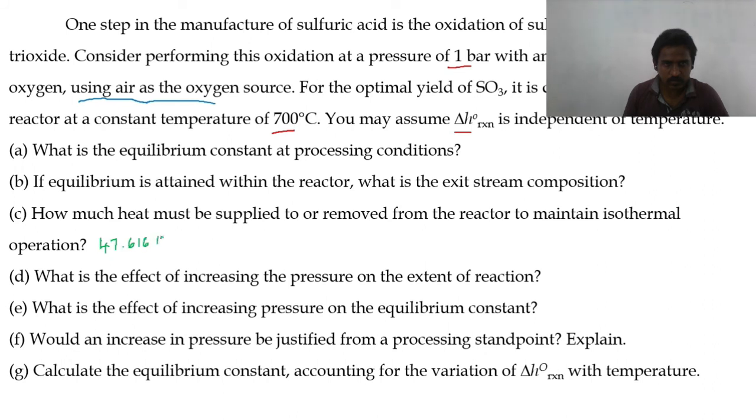Our next question is, what is the effect of an increase in pressure on the extent of reaction? For that, let me write the equation which relates pressure and conversion or equilibrium composition, that is, the equilibrium constant K equals the product of y_i to the power v_i, times P to the power v.